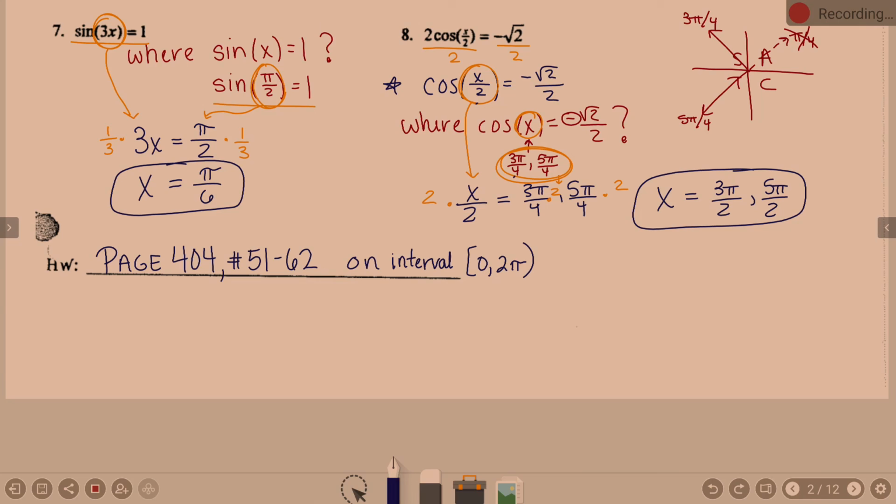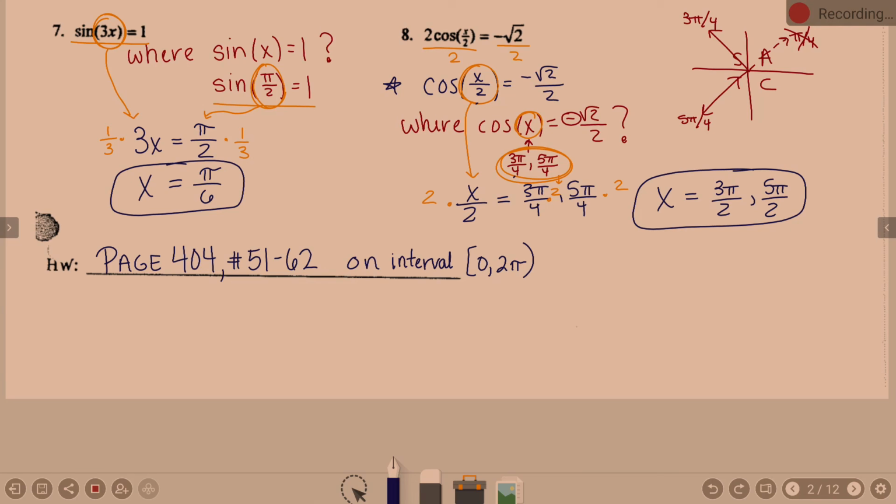And cosine of 3 pi over 4 would equal negative square root of 2 over 2. Okay? So that's the easiest way I can teach these. I'm not going to say there's not other ways to think about them, but when you have something in the variable position other than x, you have to think a little differently. Okay?